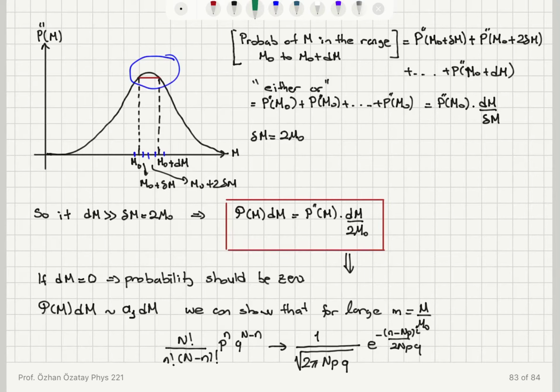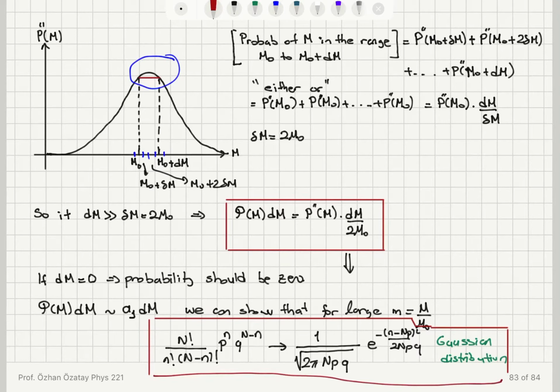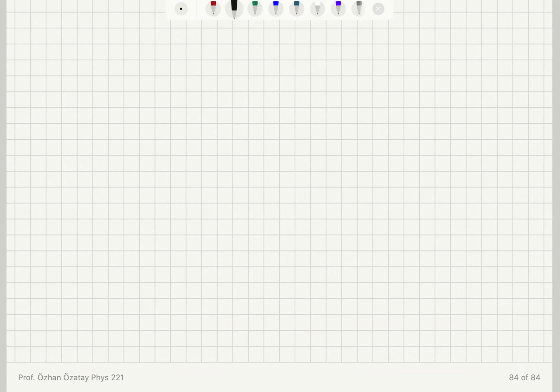This distribution is known as Gaussian distribution. We're going to show this in the next video, that we can replace this discrete distribution with the probability density function given by the Gaussian distribution.